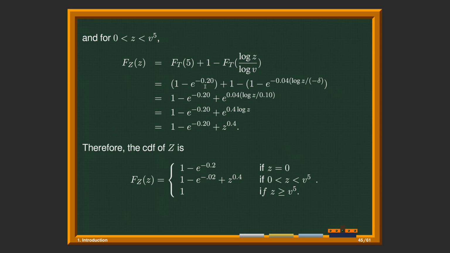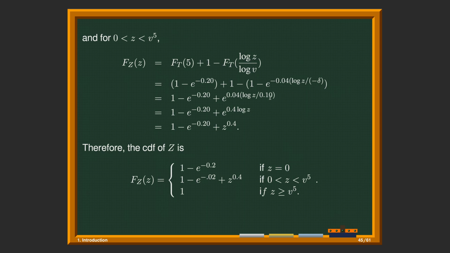So this is 1 minus e to the negative 0.2 plus 1 minus, again, t is exponential. Again, the CDF of t is 1 minus e to the negative mu t, right? Where mu is 0.04 and t is this, log of z all over log of v. But then we note that log of v is actually negative delta, and delta is given to be 0.10, right?